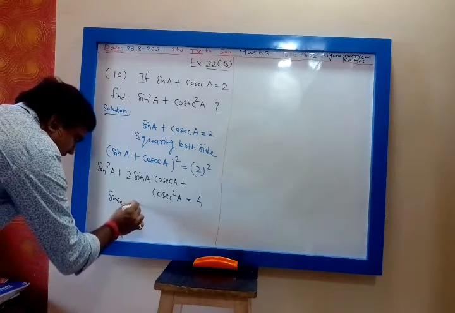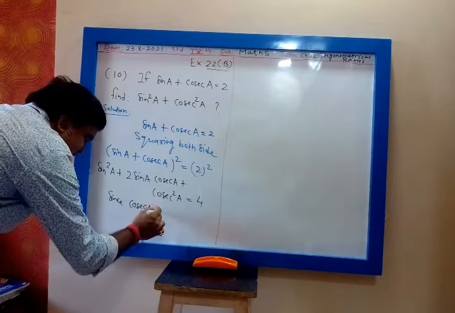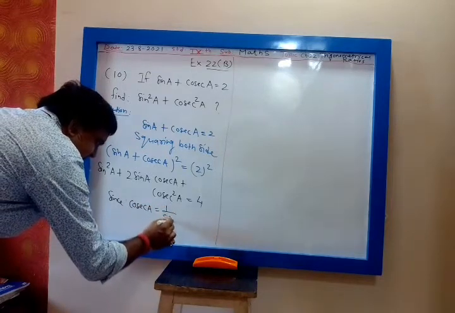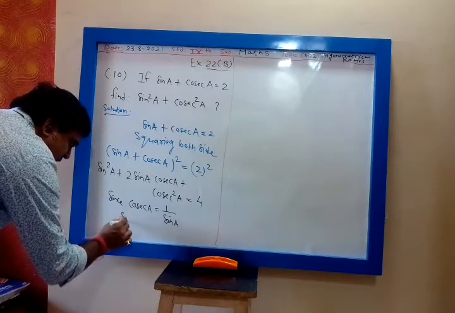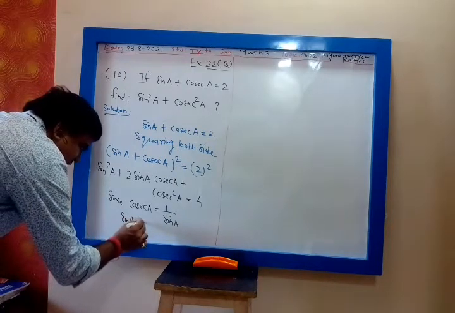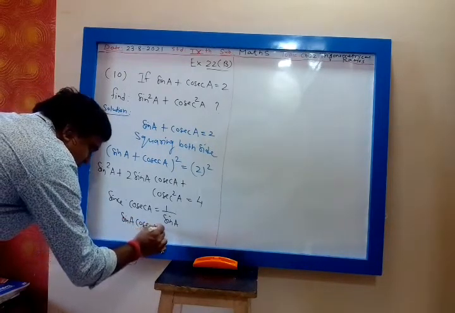Since cosec a is the reciprocal of sin a, sin a into cosec a value will be 1.